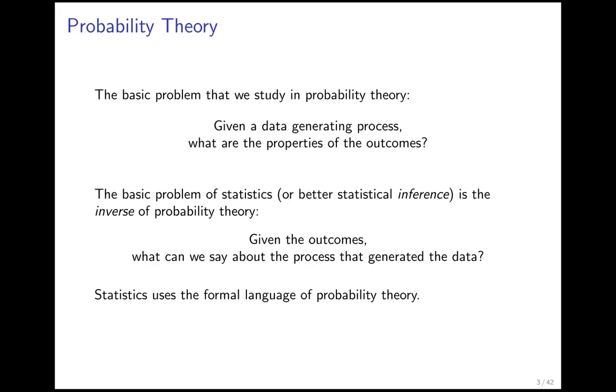And that's what statistical inference is about: inferring or deriving conclusions from premises. And the premises in our case, that's the data. Now the point is that statistics is what we're interested in. Machine learning is a part of statistical inference. But statistics uses the formal language established by probability theory, and that's why it's worth studying probability theory in the first place.